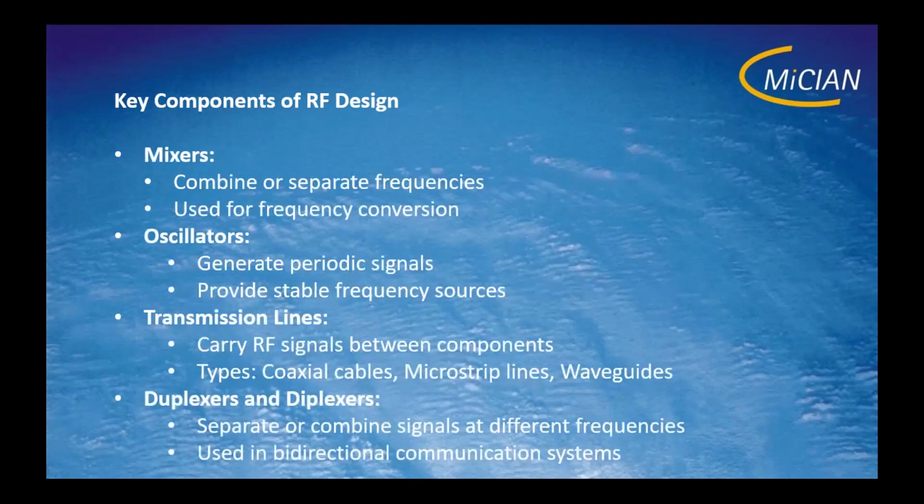And then the mixers, because sometimes you may need to combine two or three channels together. It is also used for frequency conversion and so on. So you need mixers and oscillators. I think we are learning the theory of oscillators anyway, what an oscillator is.